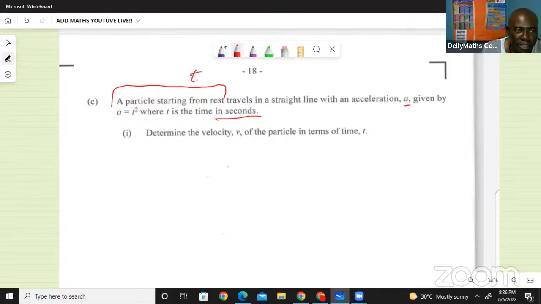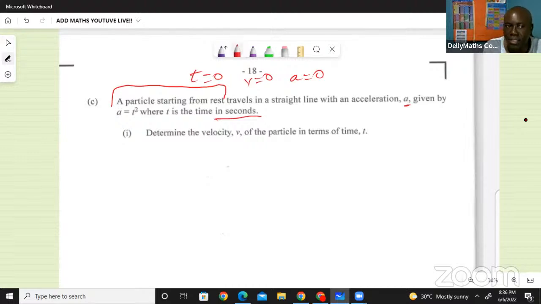If the particle starts from rest, t is 0, the time is 0, velocity is 0, acceleration is 0, everything is 0 at that point.